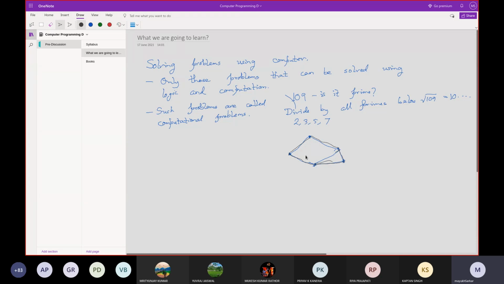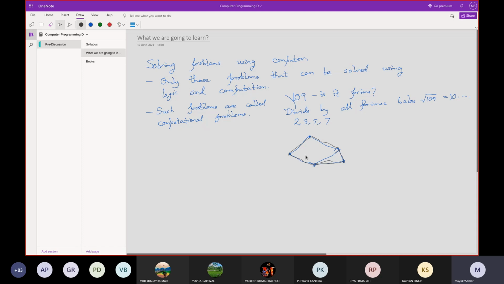The fact is, the machine is given a bunch of data, and a particular logic is given to it, such that the machine can predict, following certain computation, following certain calculations. So all those problems that involve some logical thought, some computation, some calculation, only those problems can be solved using a computer.